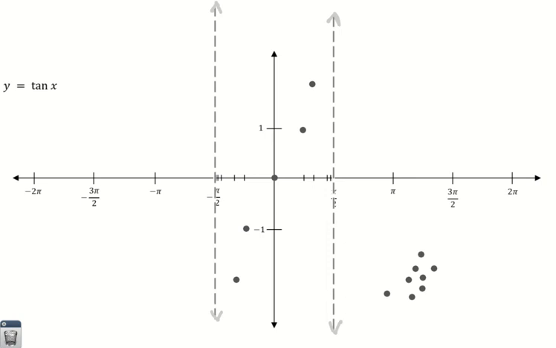So anyway, to finally get to the point, no pun intended, the tangent graph looks like this. It's just going to creep closer and closer to this vertical asymptote, but never actually touch it.